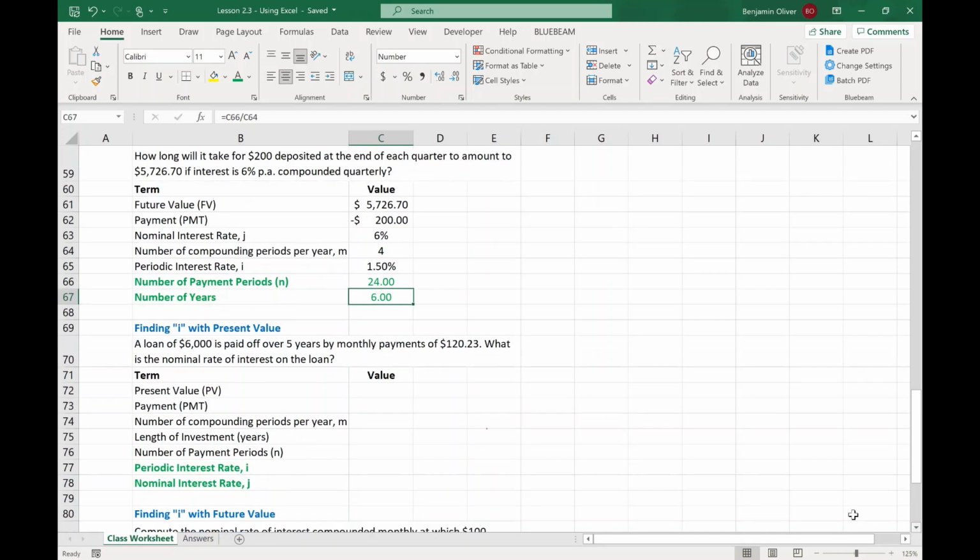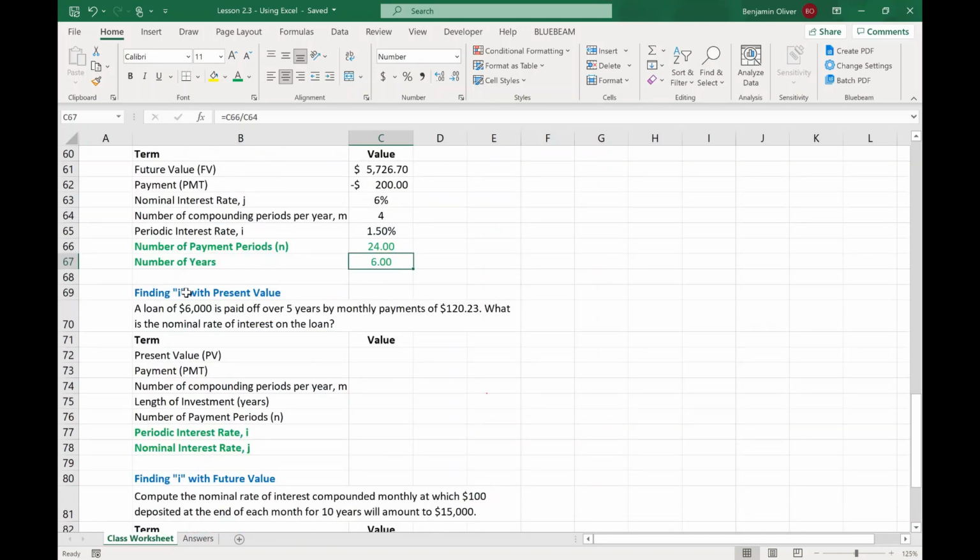Okay, our last piece here is finding our periodic rate of interest. And I'm also going to show you how to convert that back to a nominal rate of interest, okay? Both with the present value and the future value, just like we've done in the past. So the first example: a loan of $6,000 is paid off over 5 years by monthly payments of $120.23.